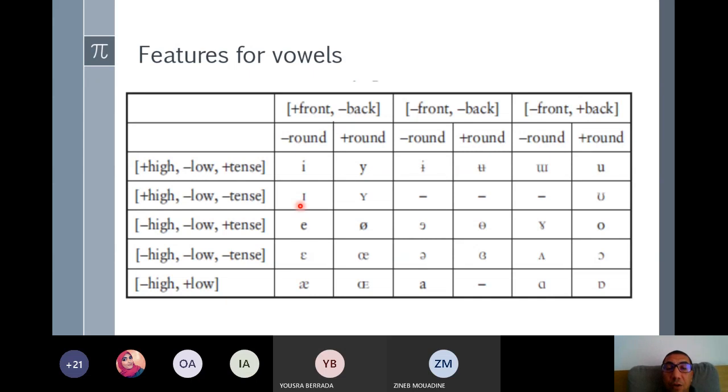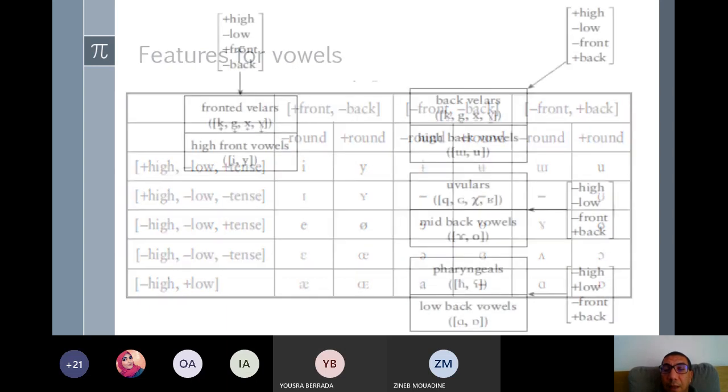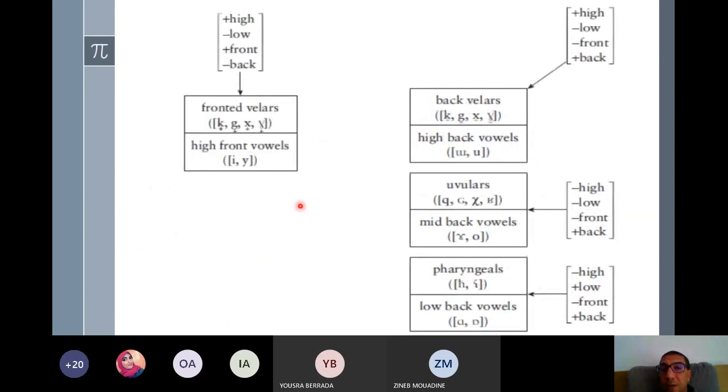Note that to distinguish dorsal sounds, the velars and the uvulars and pharyngeal, we use the same features as for vowels. Now, how do we distinguish the velars from the uvulars?